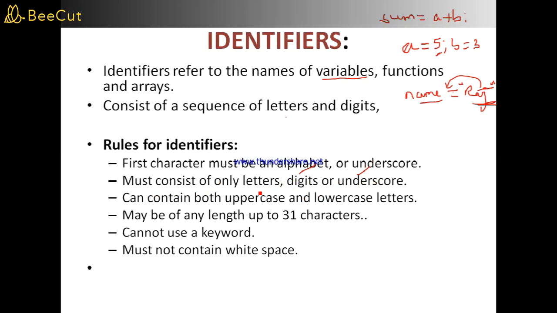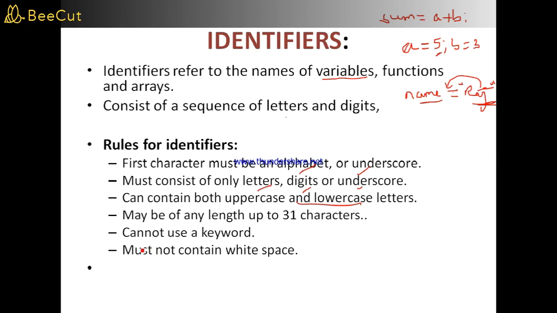It may have digits and an underscore, but other symbols are not allowed. It can contain both uppercase and lowercase letters, that is fine. The length may be up to 31 characters, so it should not exceed 31 characters. It cannot be a keyword and must not contain white space.